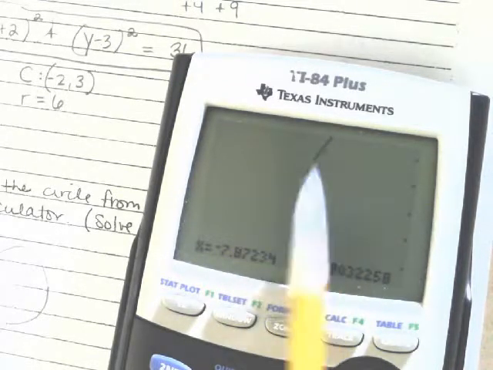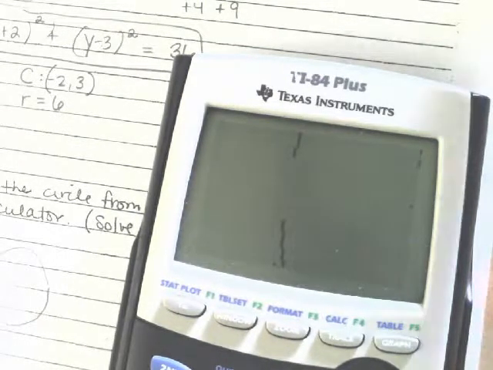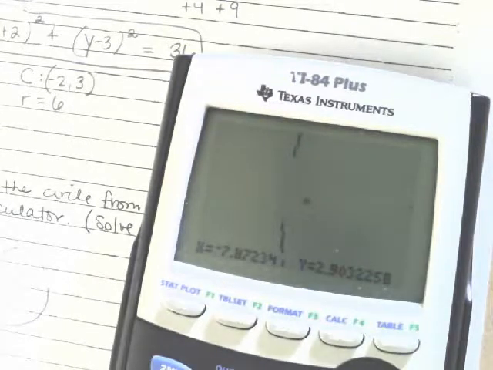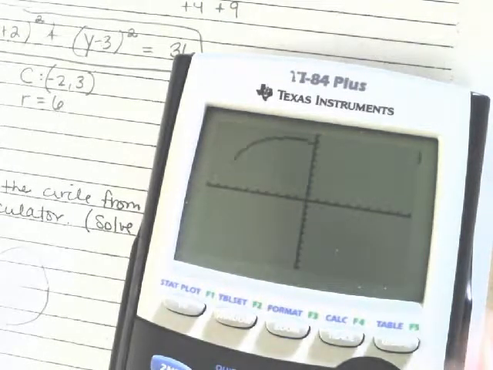Again, still showing the gap, but you could keep zooming in there. And that's just the pixel error causing that gap. It's not really supposed to be there, okay? Any questions on that? And then zoom 6 brings you back.